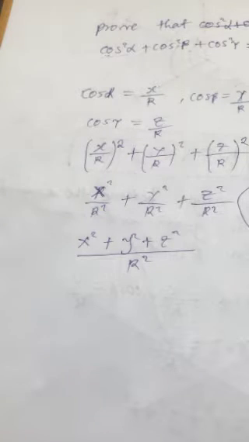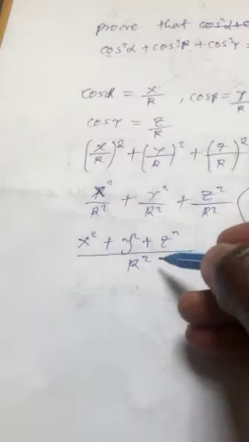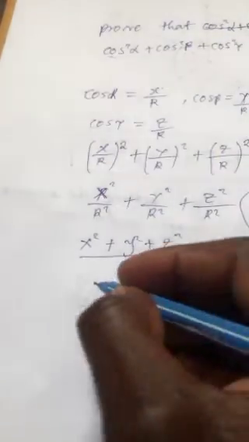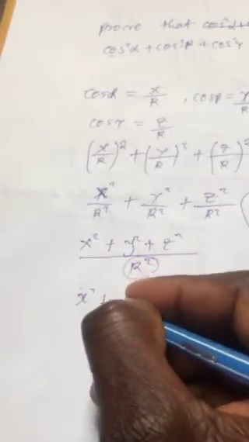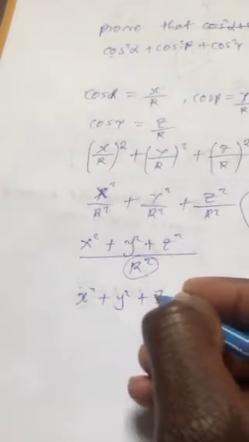So getting back to the formula of finding the magnitude of the resultant, which is r² is equal to x² plus y² plus z², meaning that where there is this, I'll definitely replace with x² plus y² plus z².